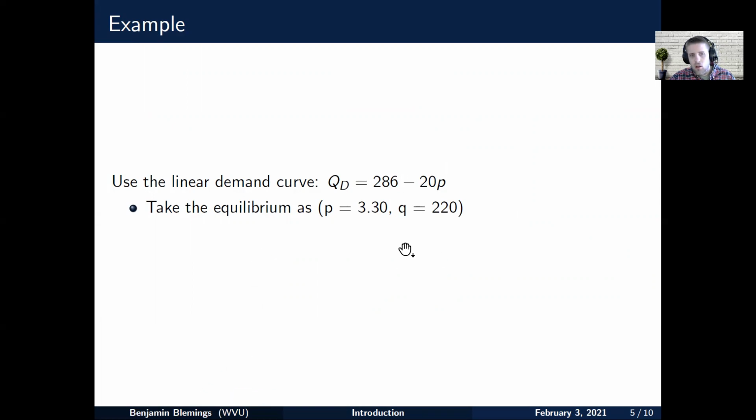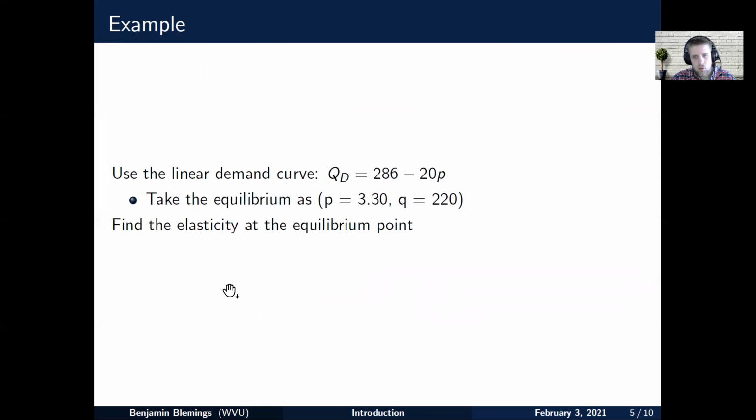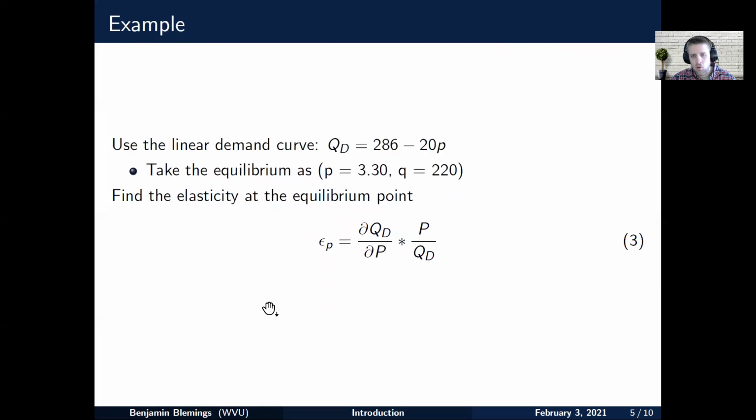Let's take any point on that demand curve, and we're going to use price equals 330 and quantity demanded equals 220. We're going to find the elasticity at that equilibrium point. Here's our elasticity formula, and we just need to get these two factors out of this information.